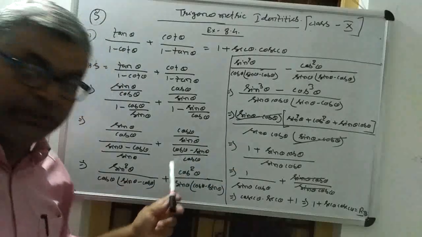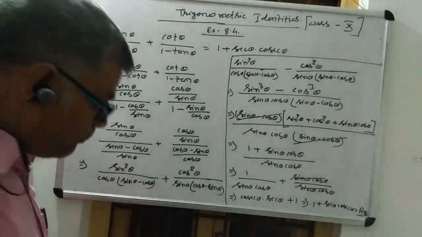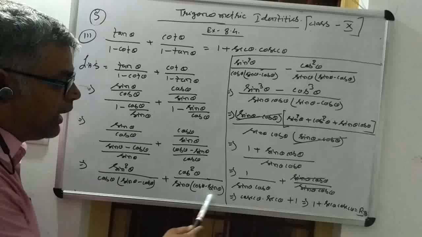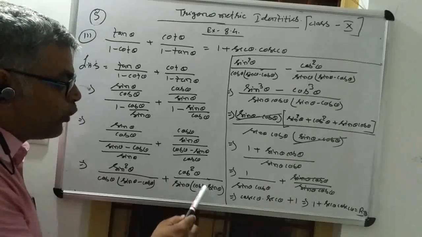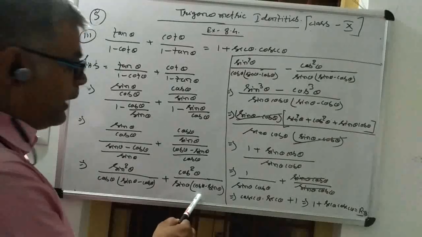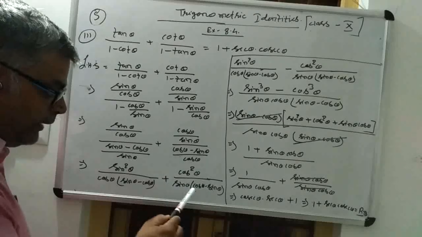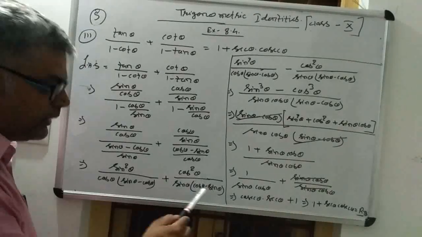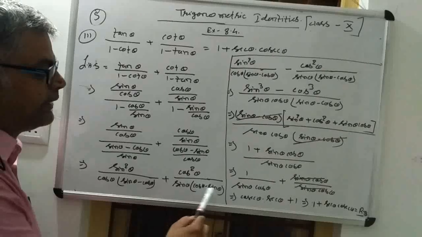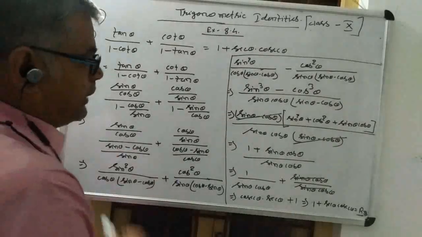This is the main thing of this question. So students, you must understand this. We are taking the minus sign common from this term, so it will become minus, and here the signs of sin theta and cos theta get interchanged.